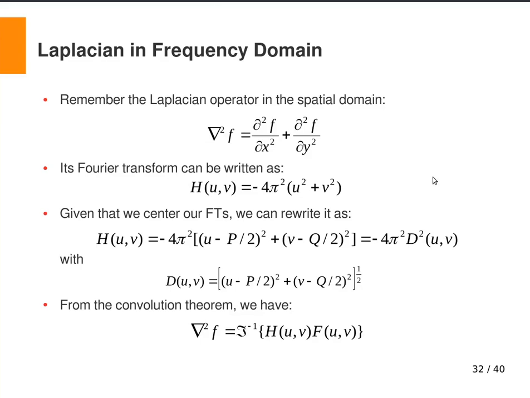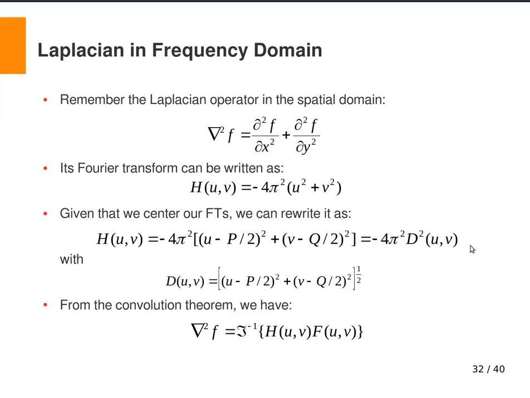One thing that we need to do is that this operator by itself is okay, but since we centered the Fourier transform at the beginning for our images, it's only natural to center the Laplacian operator as well. To do that, we basically shift the u and v frequency components to the center. So instead of u, we use u minus p over 2, and instead of v, we use v minus q over 2. If we do that, we see that this now resembles the distance function that we had before.